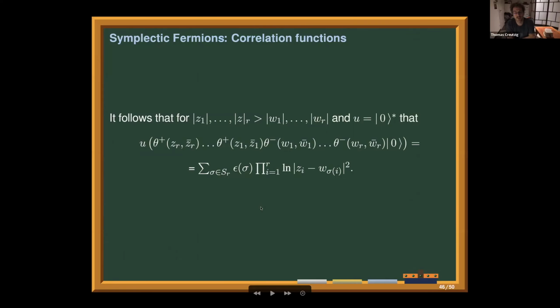In some sense, this is nothing but Wick's theorem for symplectic fermions.